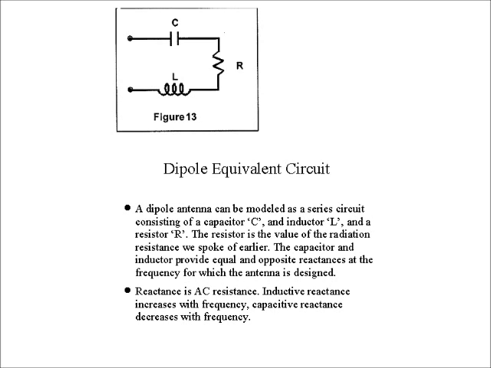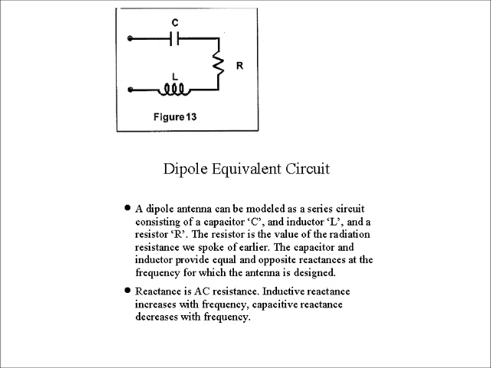So, again, a dipole antenna can be modeled as a series circuit consisting of a capacitor, the C, an inductor, the L, and a resistor, R. The resistor is the value of the radiation resistance we spoke of earlier. That's that 72 ohm thing we're talking about, right?